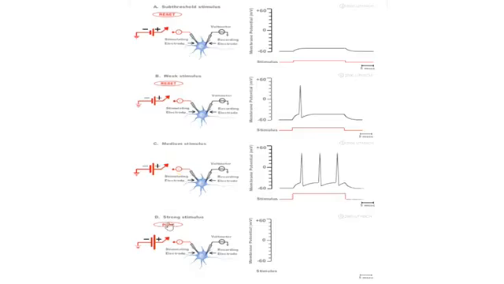Okay, and one more to show the point. So what we're seeing here is a recapitulation of the frequency coding. The number of action potentials is a graded function of the intensity of the stimulus used to produce them.